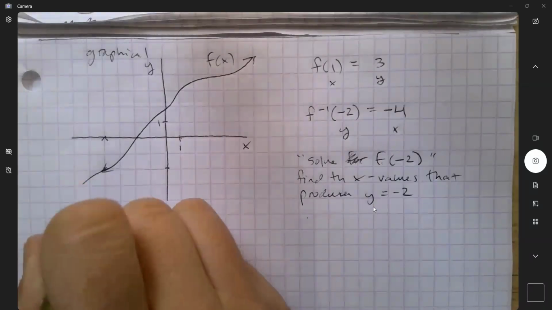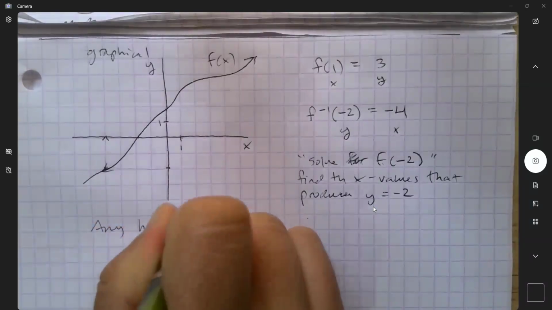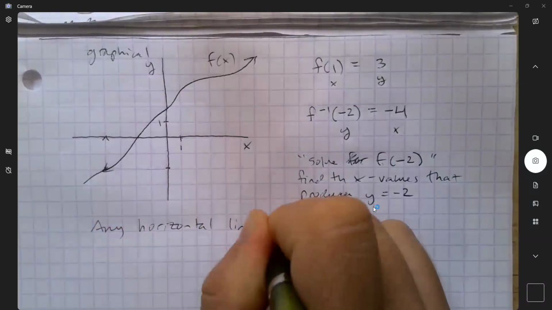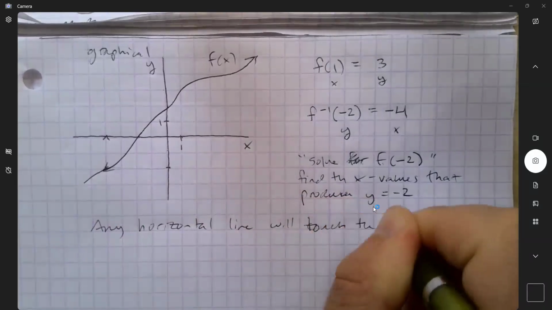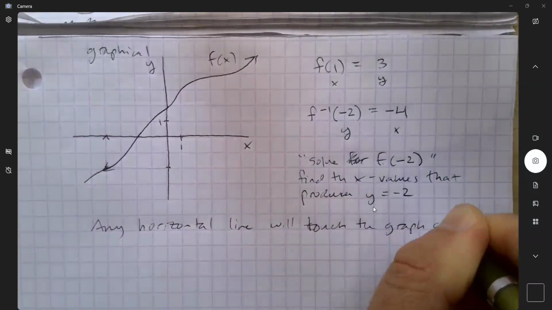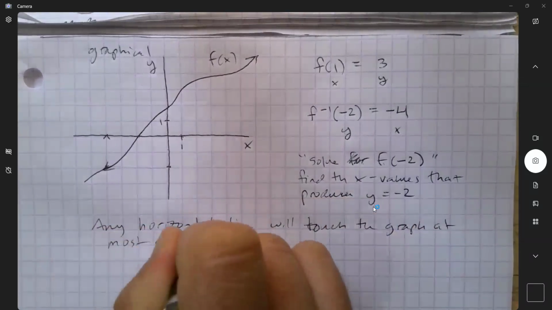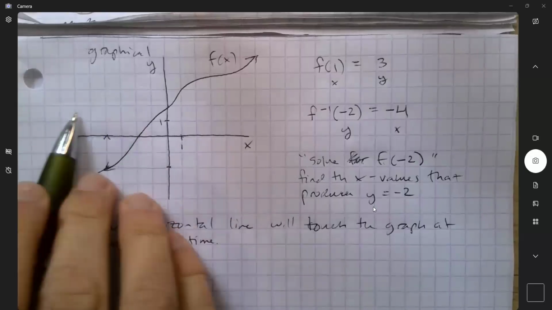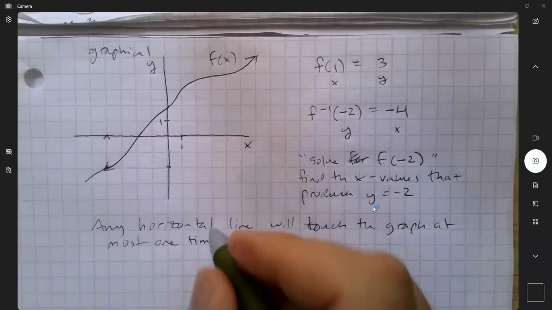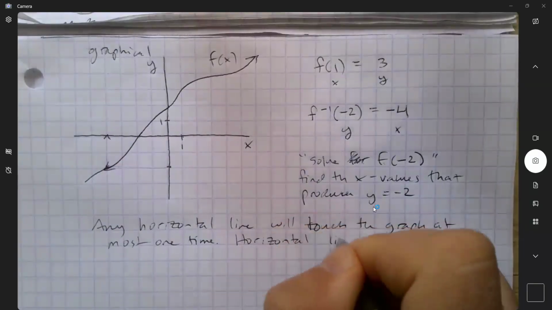Notice also that any horizontal line will touch the graph at most one time. If I put horizontal lines and I go up, they're only going to touch the graph once. This is called the horizontal line test.